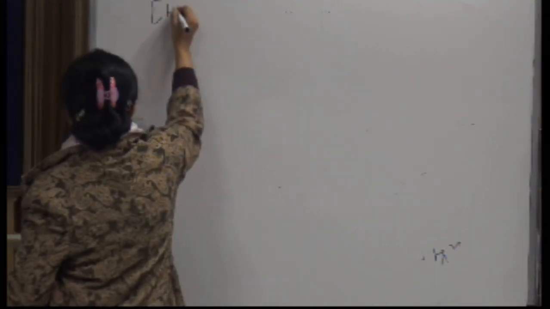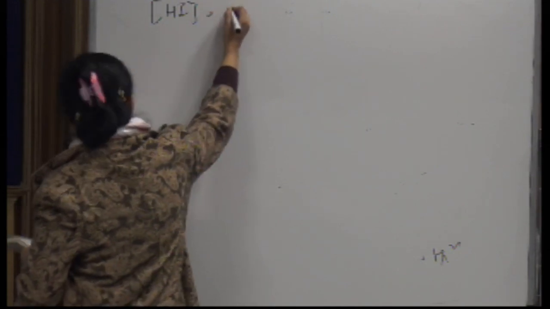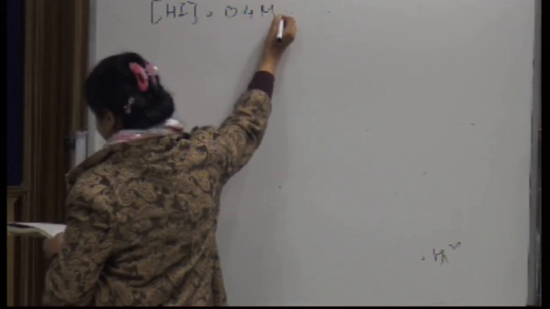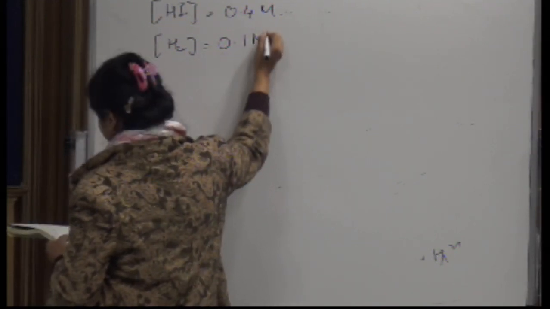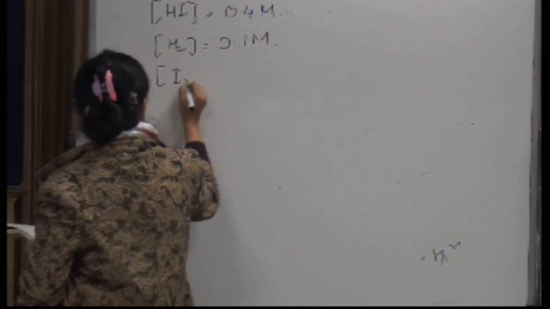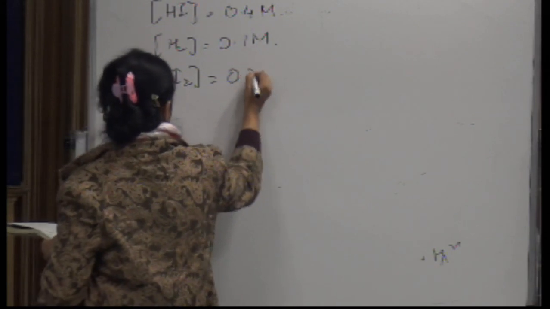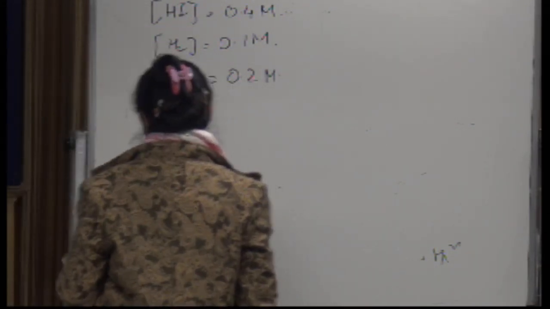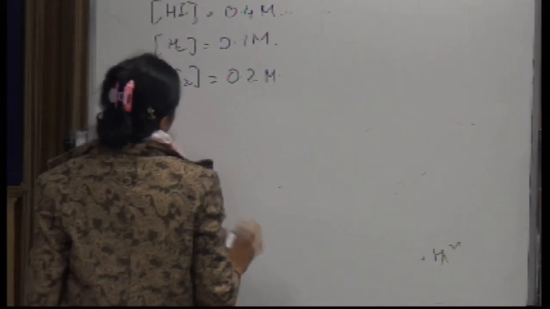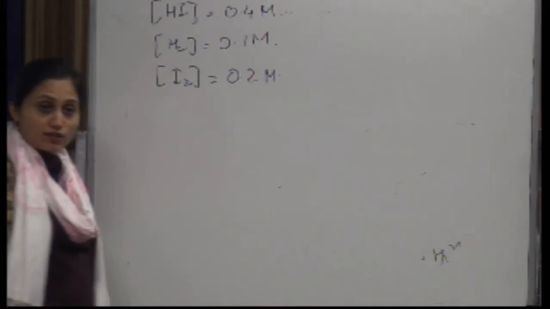For the case of HI, I am not writing the HI reaction again. HI is 0.4 molar. You have H2 to be 0.1 molar, and you have I2 to be 0.2 molar. Now you have to find out whether the reaction will move in the forward direction or the backward direction.